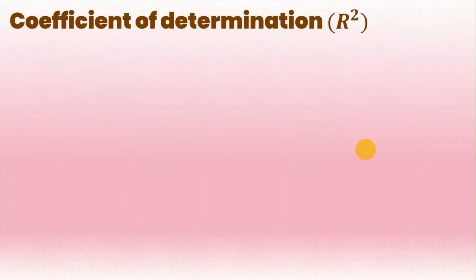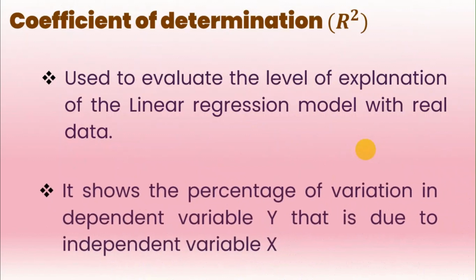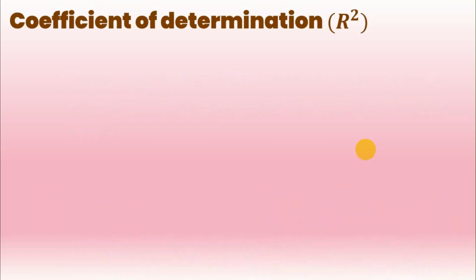And next, we continue with the coefficient of determination, used to evaluate the level of explanation of the linear regression model with real data. It shows the percentage of variation in the dependent variable Y that is due to the independent variable X.